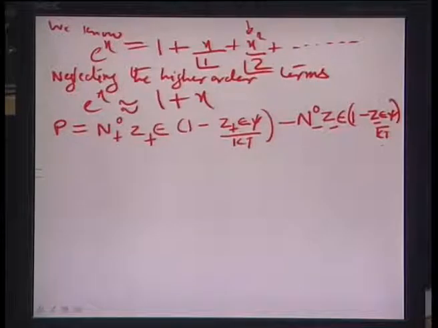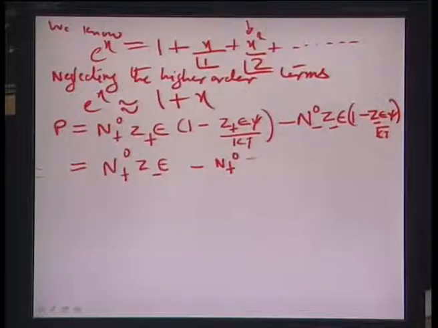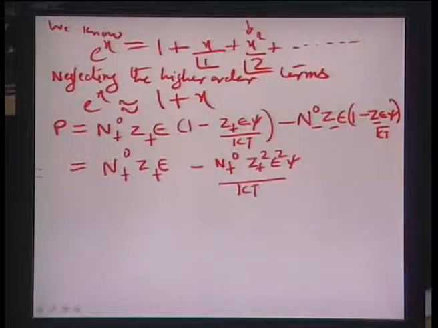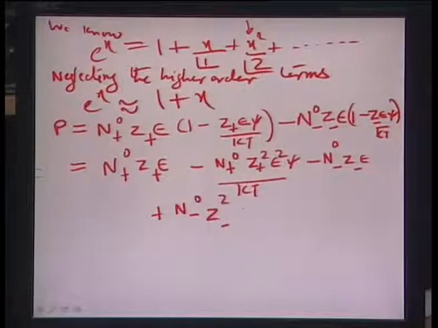If we just open the brackets and do a little bit of simplification here, we are left with z n plus 0 z minus epsilon, minus n plus 0 z plus epsilon, minus n plus 0 z plus square epsilon square phi by kT, all right, minus n minus 0 z minus epsilon plus n minus 0 z minus square epsilon square phi by kT.